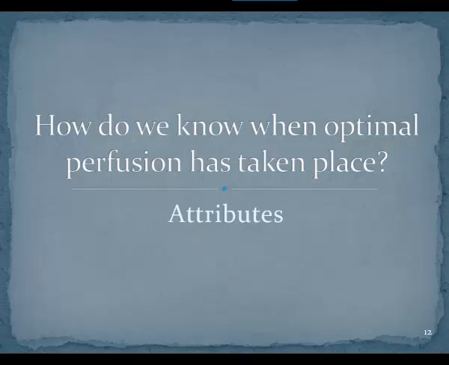Slides 12 and 13 look at the attributes of perfusion, which can be either signs and symptoms or goals for the patient to attain. Signs and symptoms or attaining goals reveals to us that our patients are experiencing optimal perfusion.